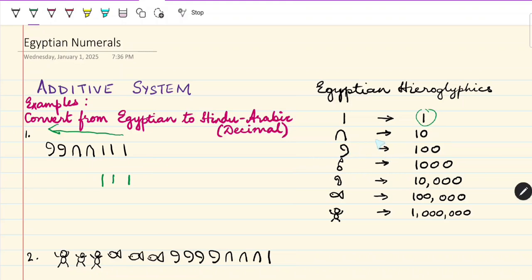This arch has a value of 10. And then another arch to its right, so that has value 10. And then we have this coiled rope, which is 100. And then on the extreme left hand side, there's another coiled rope, so that's 100.